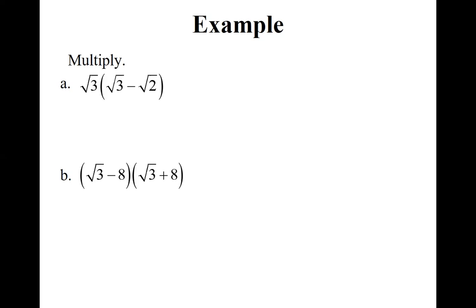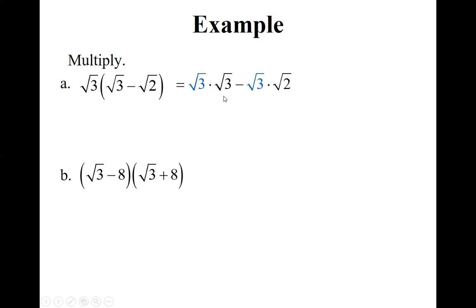Radical 3 times radical 3, and then radical 3 times radical 2. And we are subtracting. So using the distributive property, the radical 3 on the outside times the first thing, minus the radical 3 on the outside times the second thing.